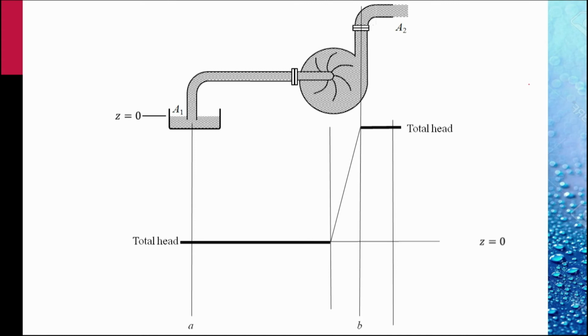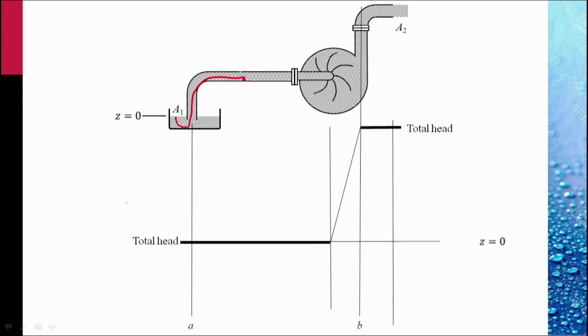So the total head is 0. And since along any streamline from here to any point within this pipe, we can apply the Bernoulli equation. So the total head remains the same at 0.